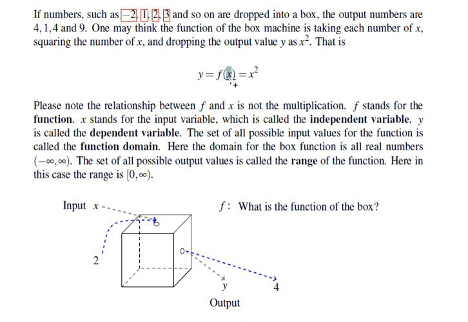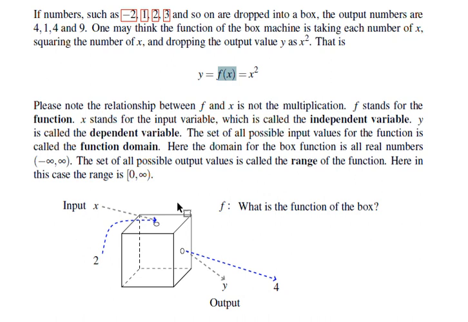Input value may be other variables, but most commonly used is x. So f of x equals x squared. That's the function for this machine box.